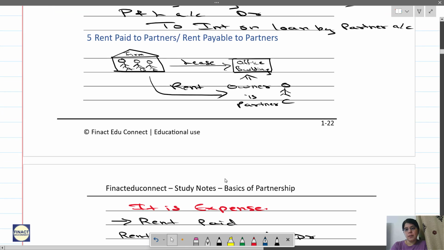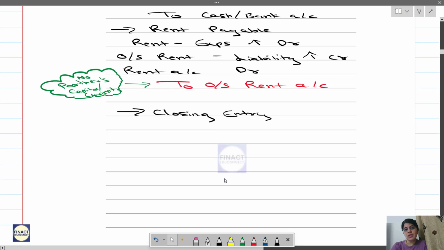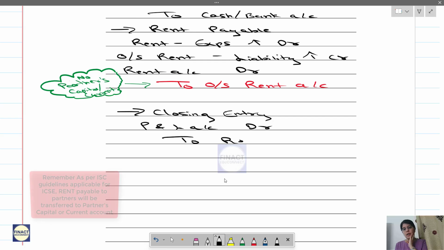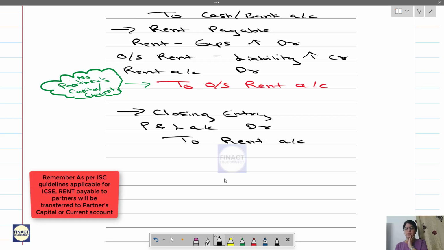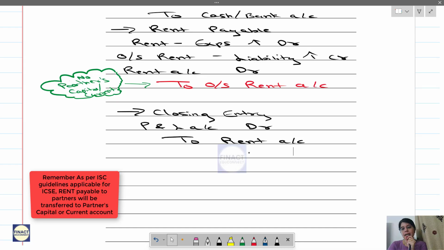Shall we move to the next one now? Rent paid or rent payable to partners. Again, rent is also an expense. Rent account has a debit balance, so it will go to your profit and loss account. So profit and loss account debit to rent account. Interest on loan by partner and rent are both expenses. They go to your profit and loss account. They don't go to profit and loss appropriation.